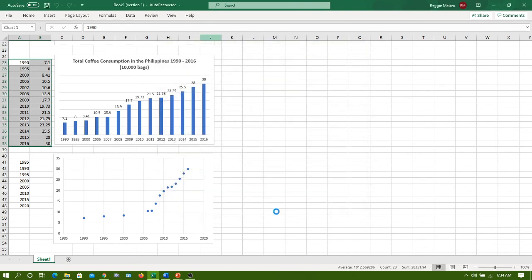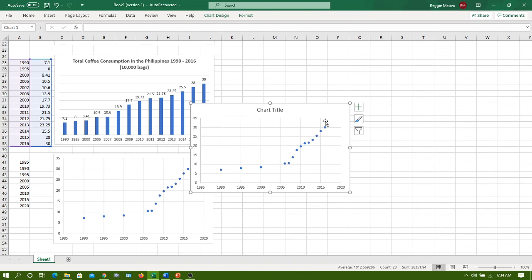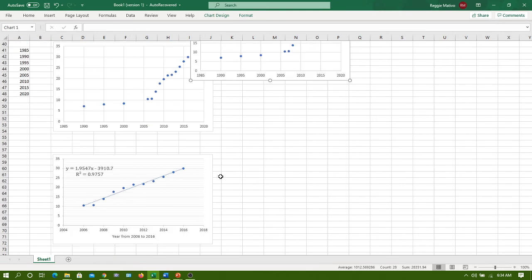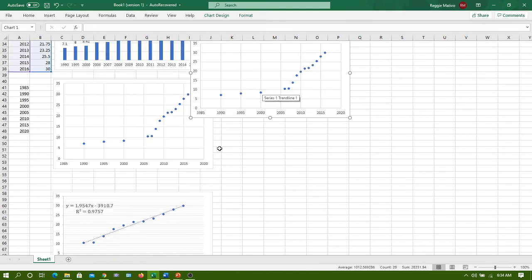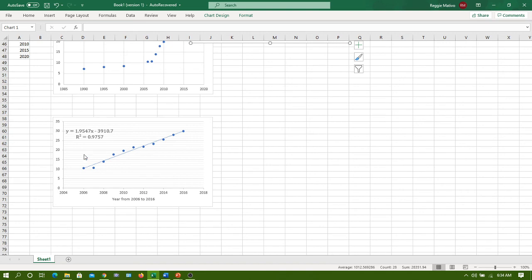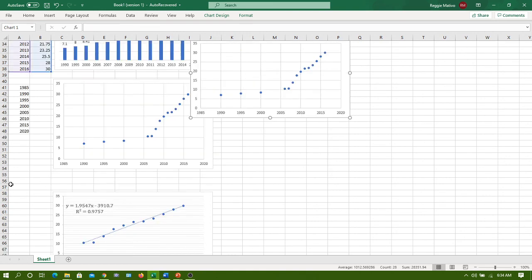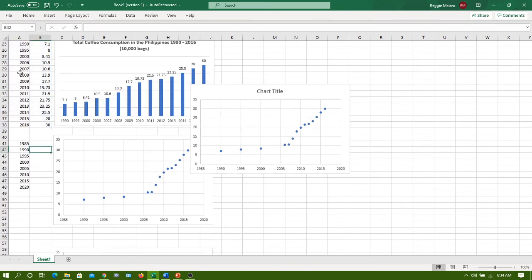So that's okay now. And then after that, see the trend line, this one. Oh, by the way, we will not be using 1985 to 2005. So you need to make another set of data and get only from 2006 to 2018. So for me, I just use this one.